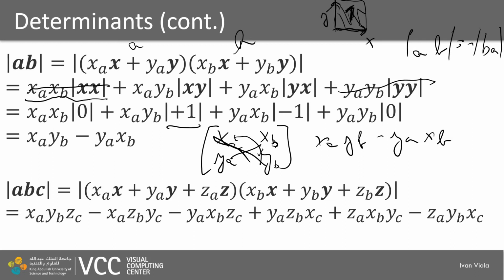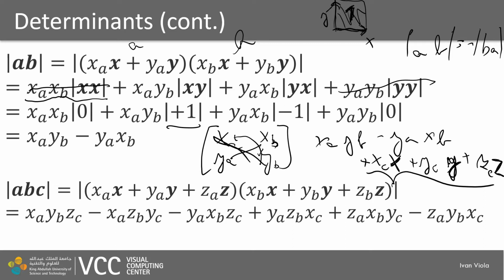We are here missing the plus xc x plus y b y, plus, oh, not y b y c, plus z c z, right?